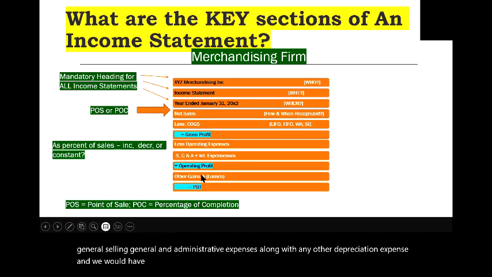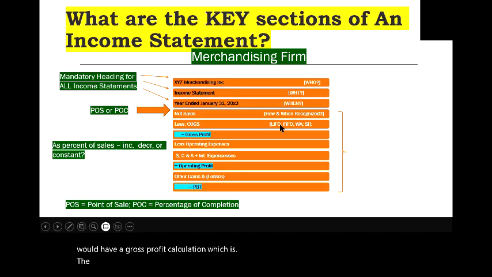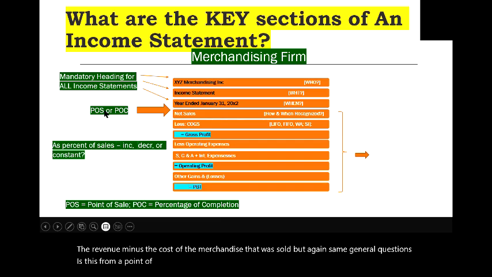So similar approach, but the key change here is that we would have a gross profit calculation, which is the revenue minus the cost of the merchandise that was sold. But again, same general questions. Is this from a point of sale, or is it percentage of completion?